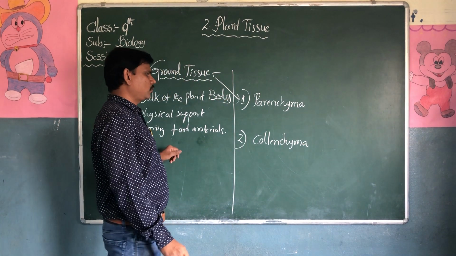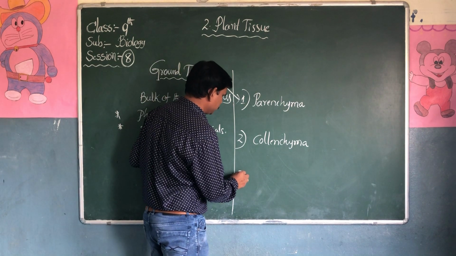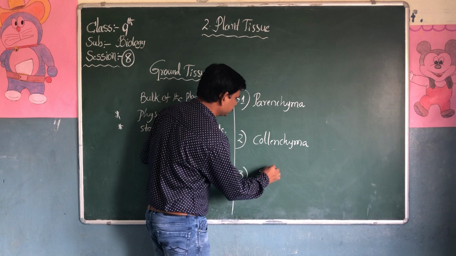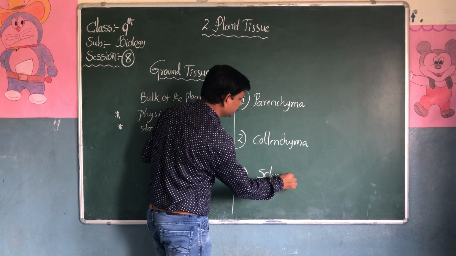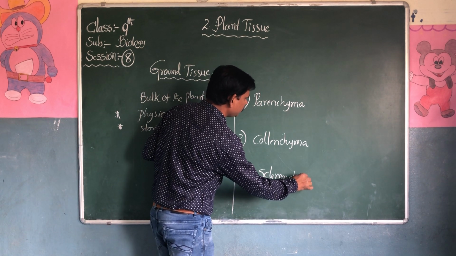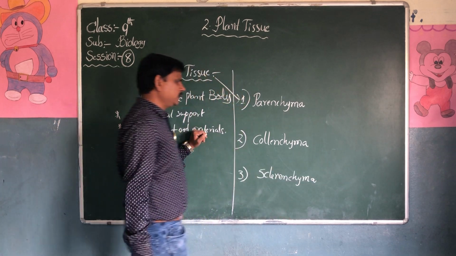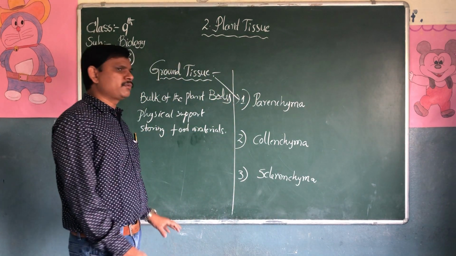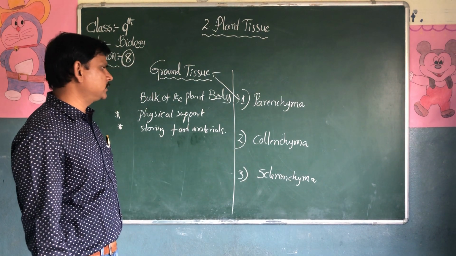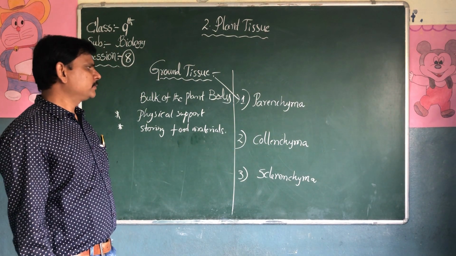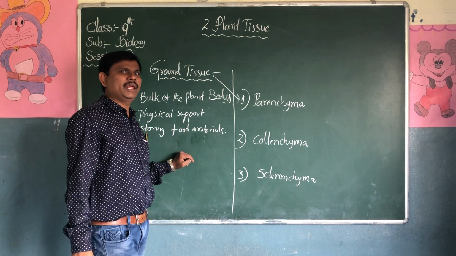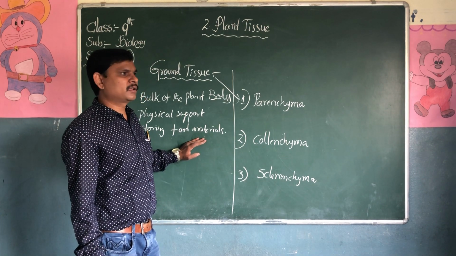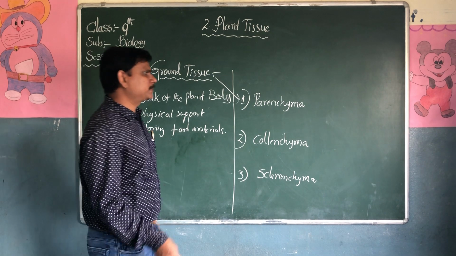The third one is sclerenchyma. Ground tissue is divided into three parts: parenchyma, collenchyma, and sclerenchyma. What is parenchyma?